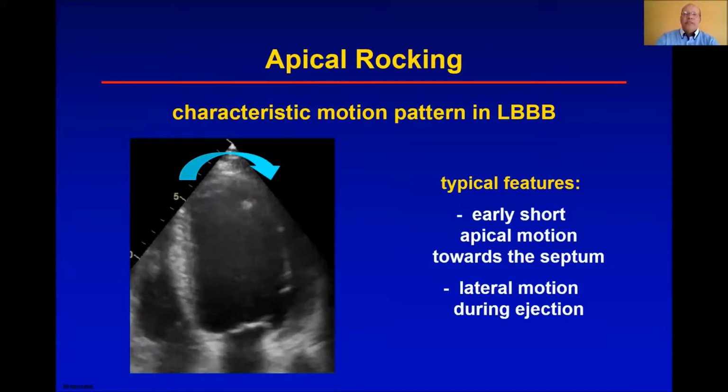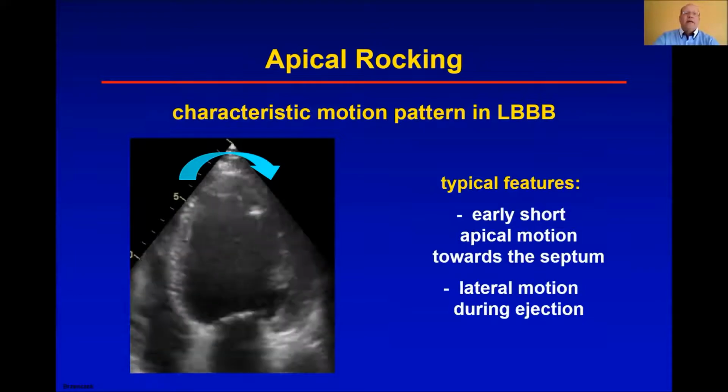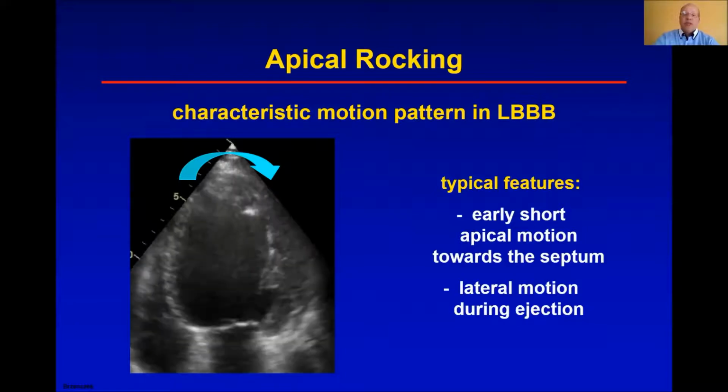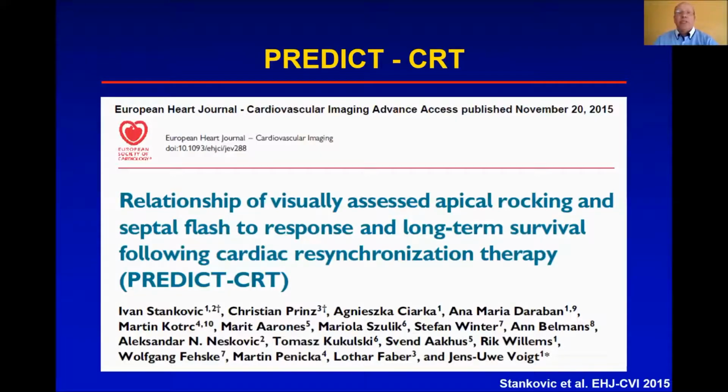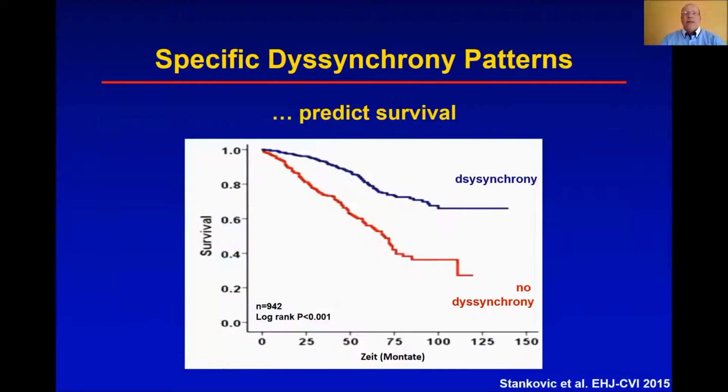And if you see these two things, then this is a good candidate for CRT. These patients are the responders. We have shown that in the Predict CRT study, which is a large retrospective analysis of more than 1,000 patients, where we could show that there is a clear relation between these signs and the volume response, but also between these signs and the survival of the patients.